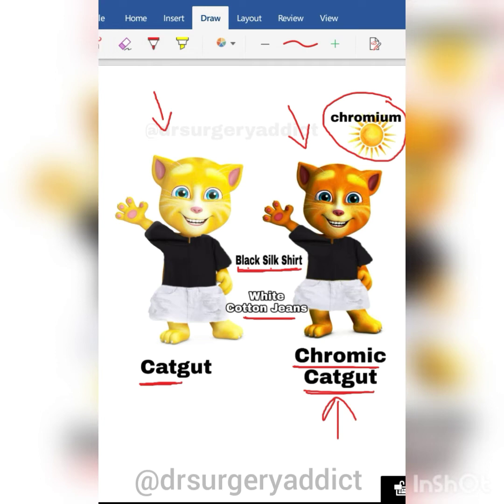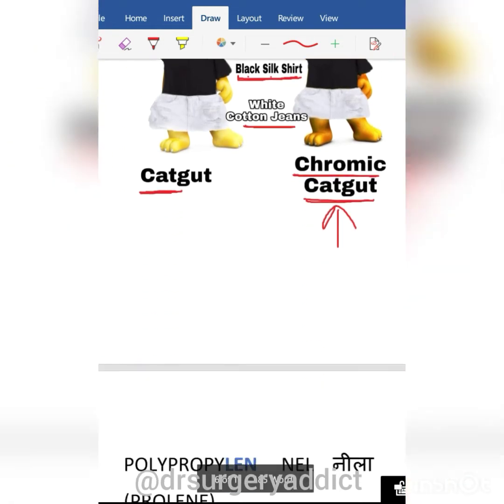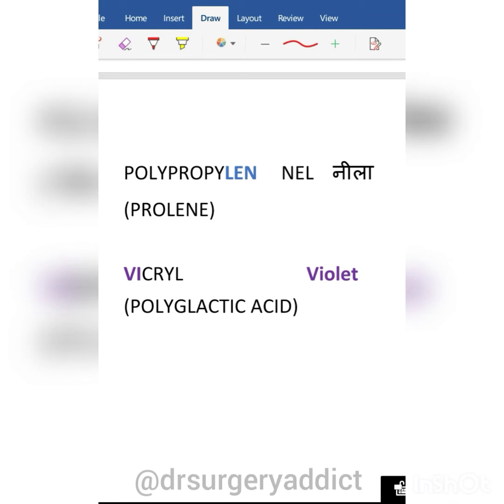Now what are the rest of the suture materials which are not covered in this image? One is polypropylene. Just reverse the last three letters, LEN. You have to reverse it as NEL. NEL is nothing but Neela. Pronounce it in Hindi: Neel. Neela means blue color.